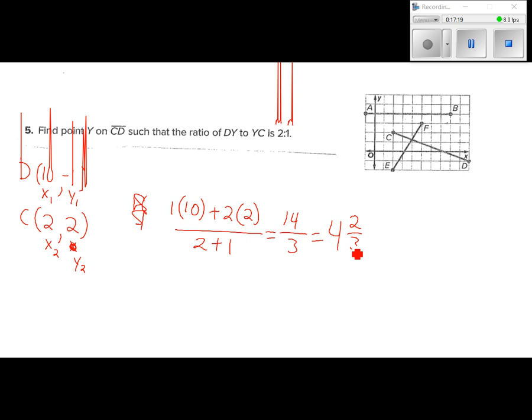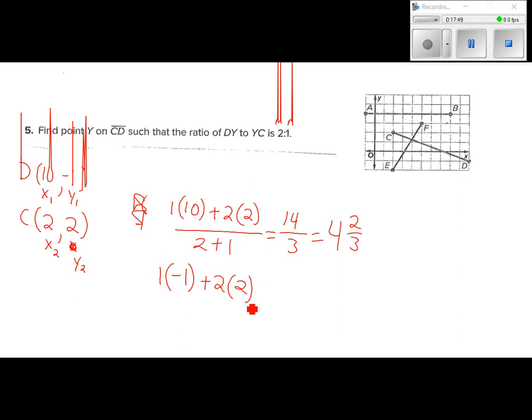So for the y's, instead of x's here, we're gonna put in y's. Our n is 1, right? Does that make sense? Our y1, what's our y1 this time? -1 plus our m is 2. What's our y2?